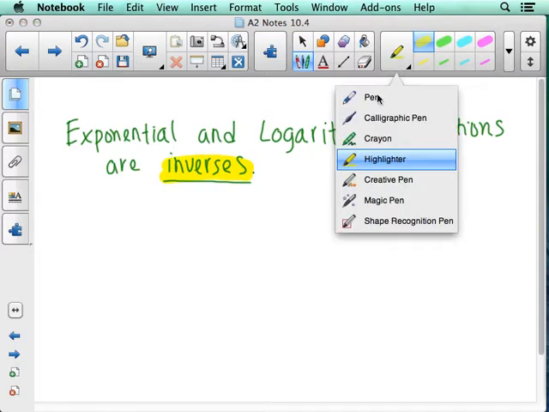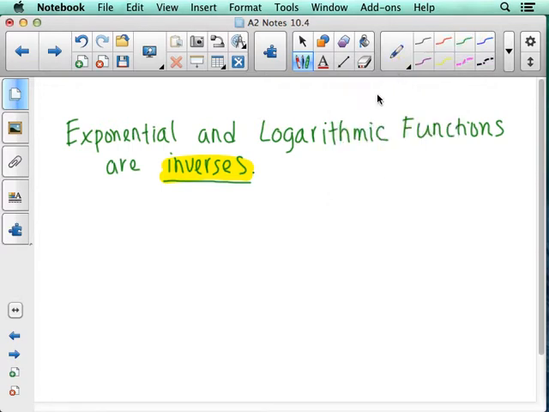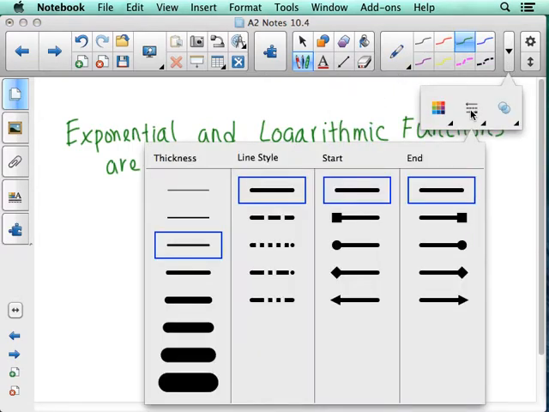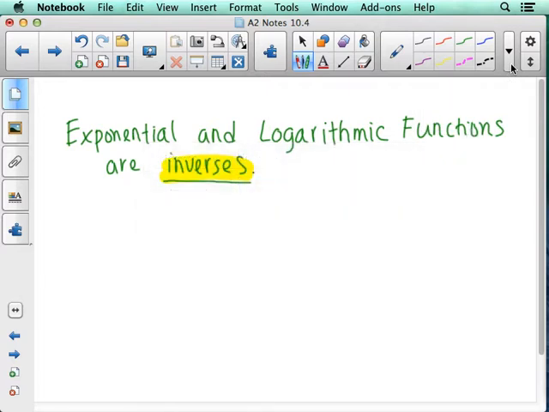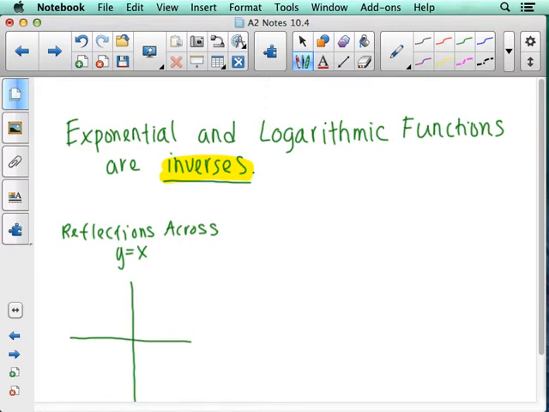So what does it mean to be inverses? Well, it means that if you plot an exponential function and you plot the logarithmic function that is its inverse, they're going to be reflections across the line y equals x. So for example, let's say this is my exponential function.